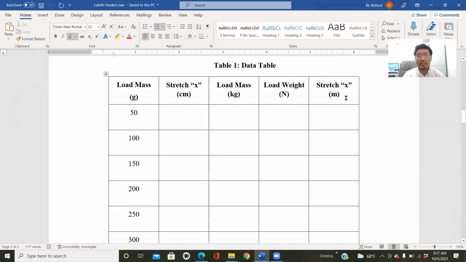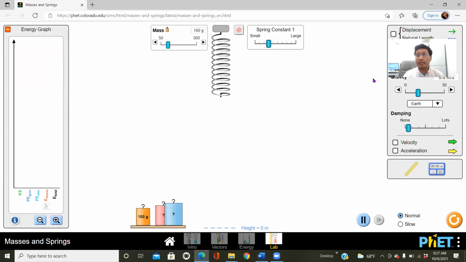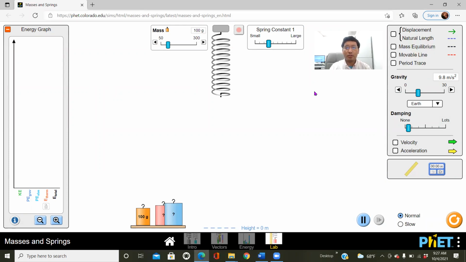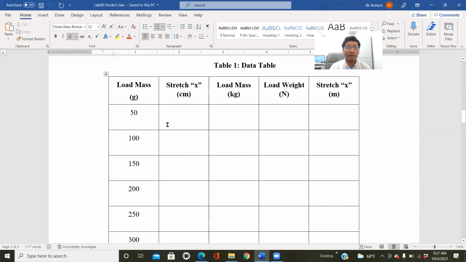Here is the mass. Let me put it at 50. We can start from 50. If you look at this table, it starts from 50 and goes all the way to 300, right?